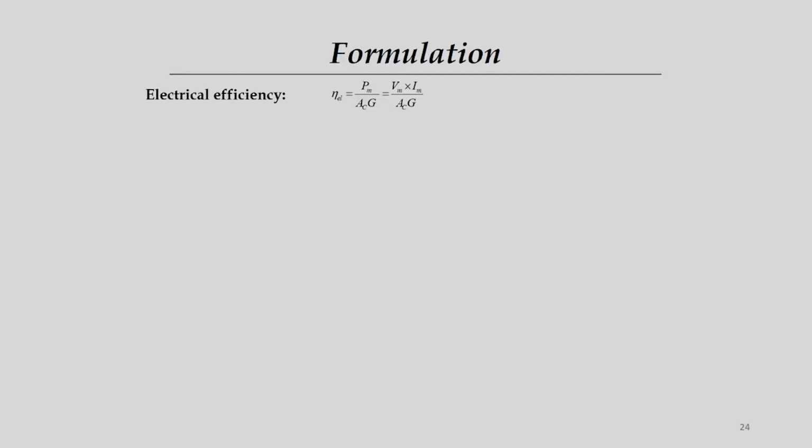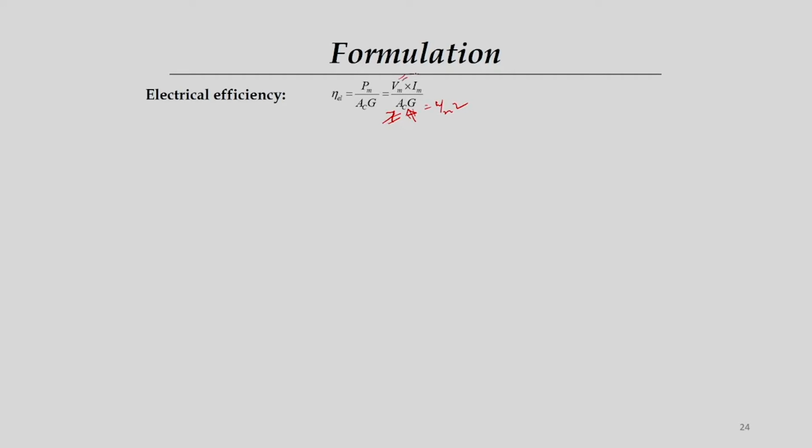Also, we have to know how to calculate electrical efficiency. So, once we know this VM and IM, and then the amount of solar radiation which is falling on the collector, and then the area of the collector. So, this is the area of the collector, and this G is nothing but watt per meter square. Okay.